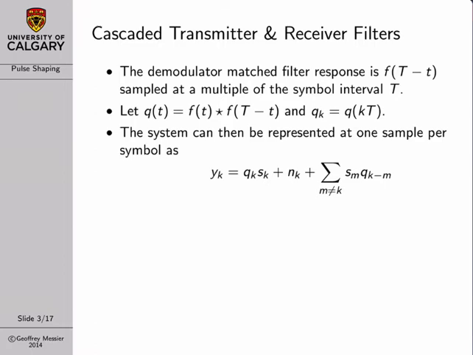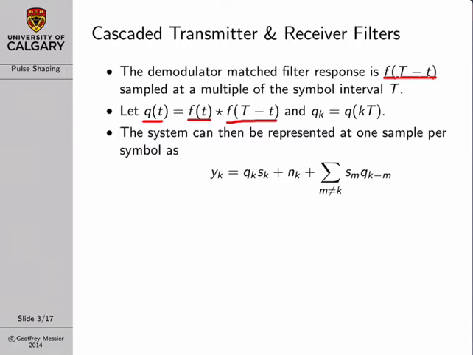We know that the demodulator matched filter response is equal to a flipped and shifted version of the basis function. So we're going to define a filter response Q that's essentially the convolution of the pulse shaping filter in the transmitter and the matched filter in the receiver.